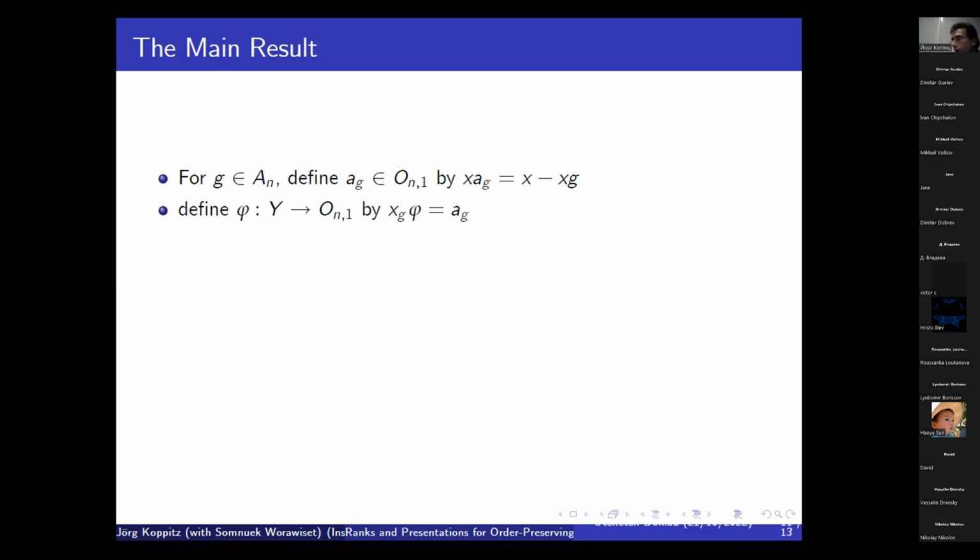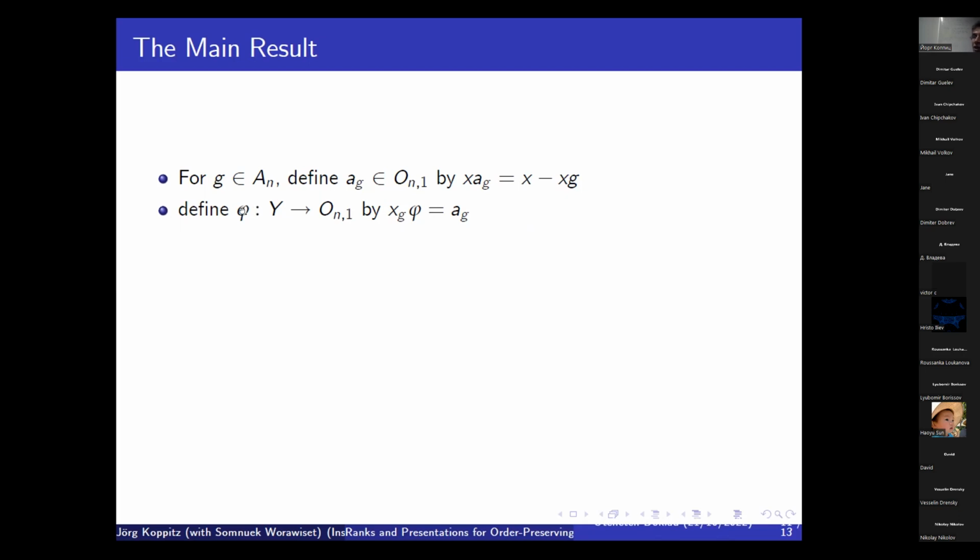So in order to find a presentation, we need an epimorphism. And how do we define this? Input must be a variable, and output is a transformation.